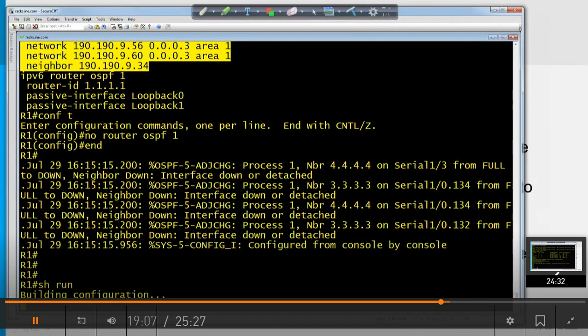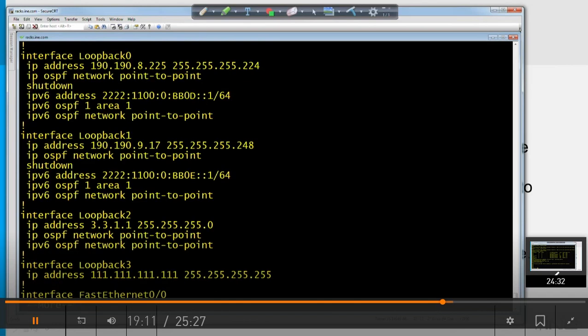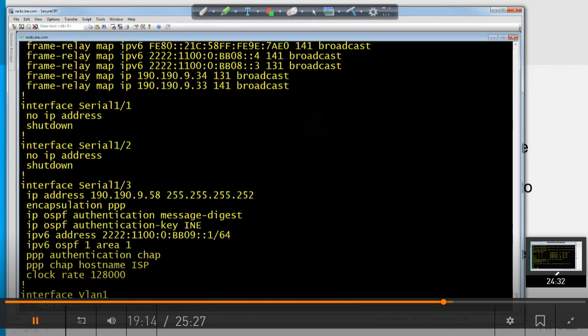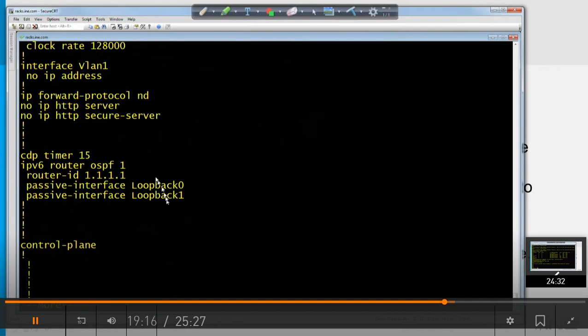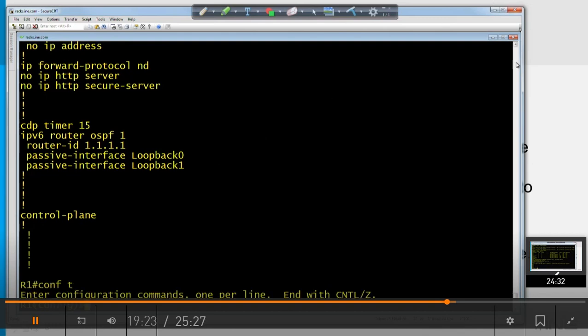So now at this point, all I have is my IPv6 OSPF configuration. See, IPv4 is gone. Now let's go ahead and copy that back in.